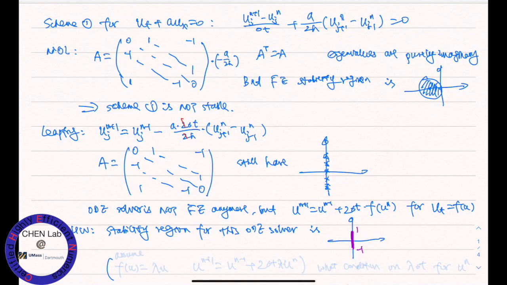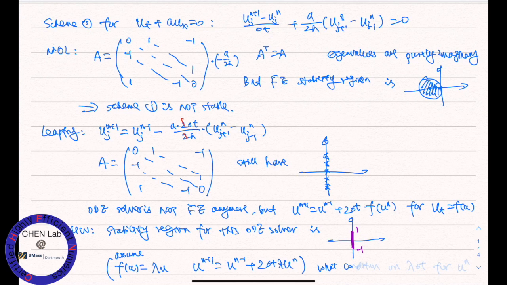Recall what we do from 361: we assume f(u) is equal to lambda u. Then the scheme becomes u^{n+1} = u^{n-1} + 2 delta t lambda u^n.